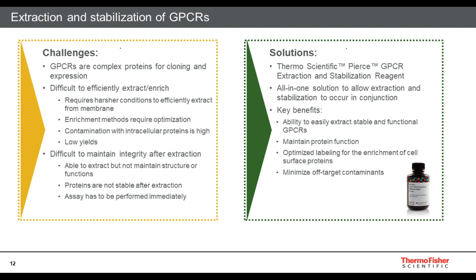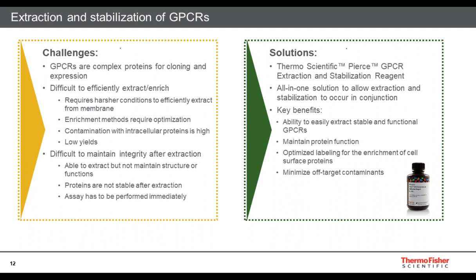To address these concerns and issues, we recently introduced the Pierce GPCR extraction and stabilization reagent, an all-in-one solution to efficiently extract and stabilize GPCRs in conjunction. The reagent utilizes a proprietary detergent solution where the sample is first harvested, washed, and then pelleted.